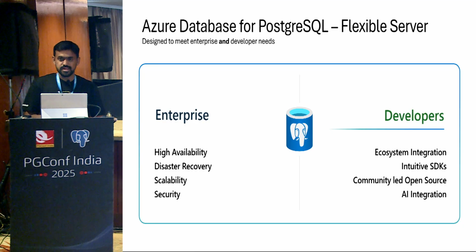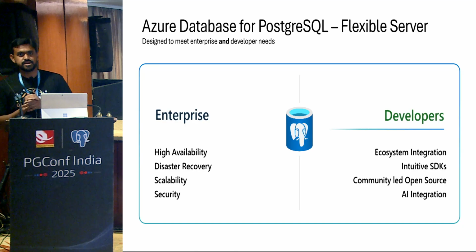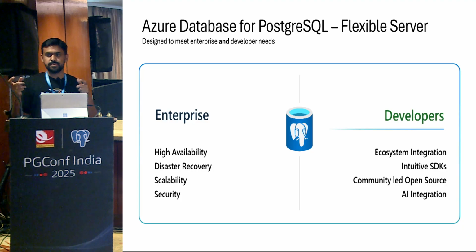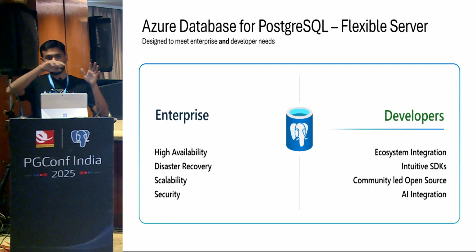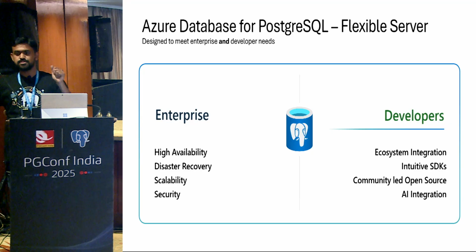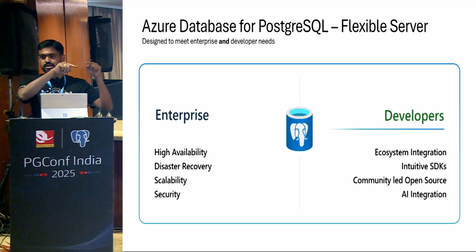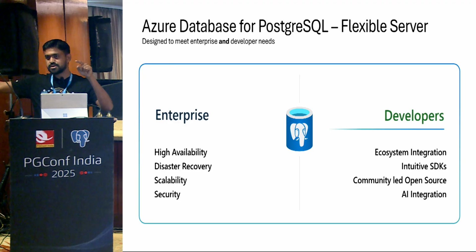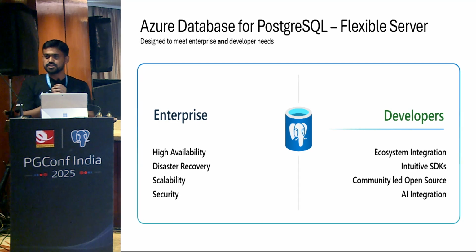To address those needs, we have come up with the high availability concept as well as disaster recovery. When I talk about HA, we spin up another standby server for your primary, and that standby constantly replicates the data from your primary. This is synchronous replication, which means that any transaction committed to your primary has to be committed to the disk of the secondary before an ACK is sent back to your application saying that the data is committed.